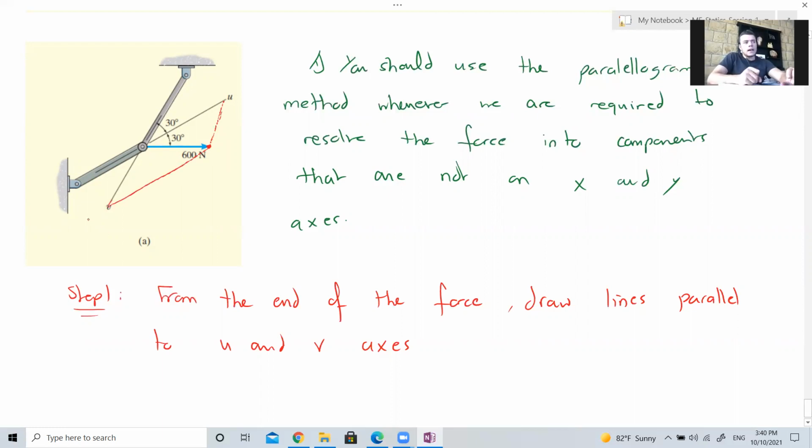Now you have a parallelogram. This is F along the V direction and this is F along the U direction, and this is equal to this, which is FV, and this is FU.